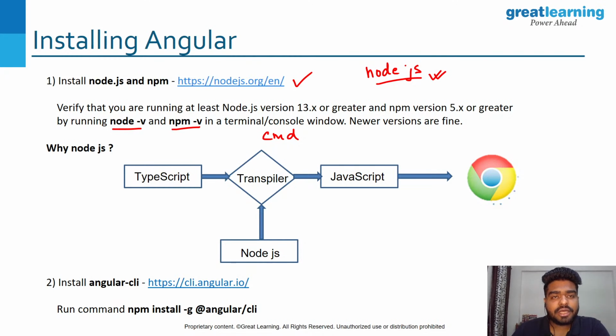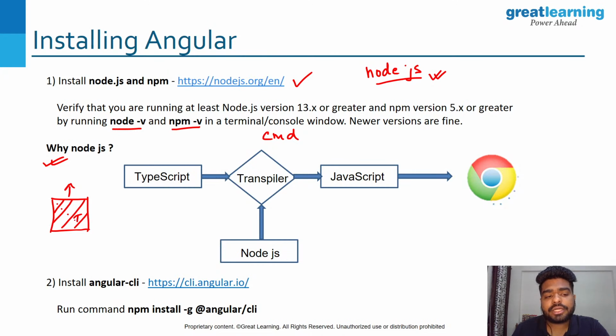But the question is, to work with Angular, why do we need Node.js? Why is it so important? Please understand in a better manner, okay? So I told you that Angular is a framework, and this framework is designed using so many other languages, right? HTML, CSS, JavaScript, TypeScript, right? Now, if you're working with HTML, CSS, and JavaScript, then it is fine because the browser can easily understand what you're writing. But when you're writing commands in TypeScript, the browser will not be able to understand that.